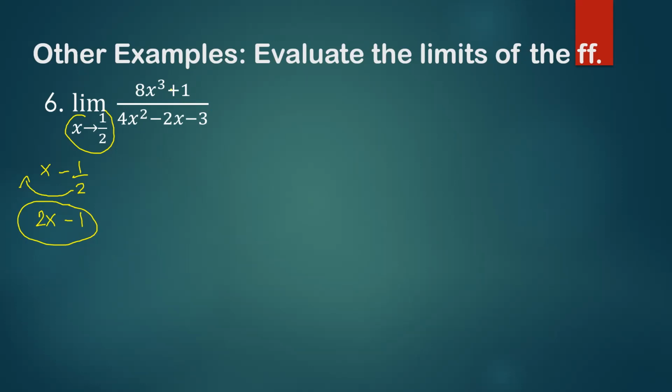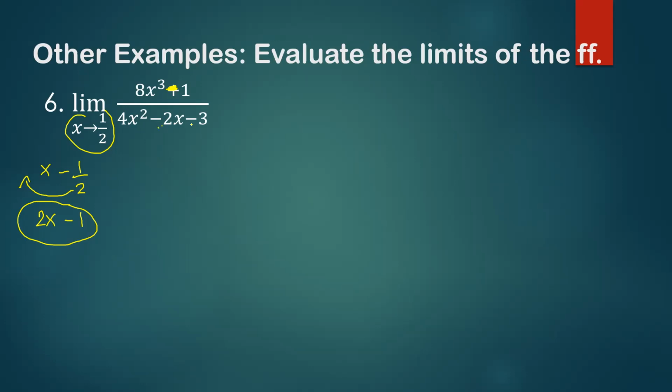Ayun. So I'm sorry, there should have been a correction pala here. This should have been minus 1. Two x plus 1, 2x minus 1. Okay. Ay, wait lang ha.